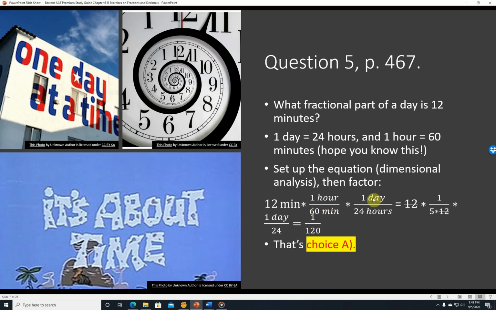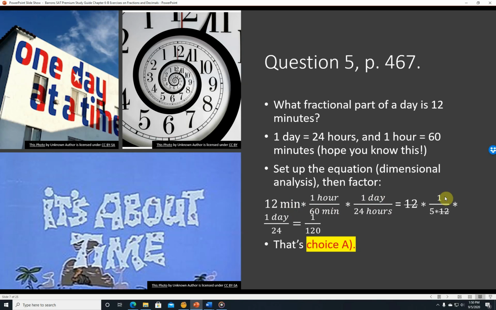That's what we want. 1 day, 24 hours. Okay, hour and hours. Sorry, English language, but anyway, the same unit. They're going to cancel out. So we end up with basically 12 over 60 over 24. So that's going to be 12 times 1/5 times 12. Why?